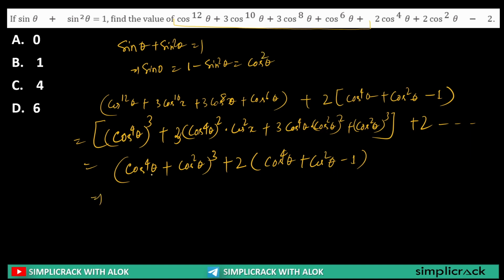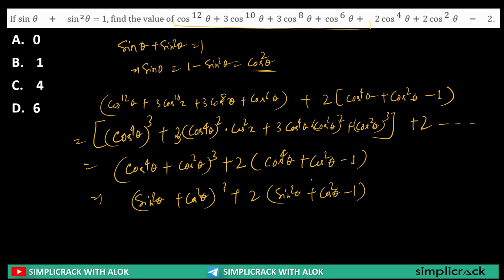We know 1 minus sine square theta is cos square theta, so cos 4 theta will be sine square theta plus cos square theta cube plus 2 into cos 4 theta will be sine square theta plus cos square theta minus 1. Sine square theta plus cos square theta is equal to 1. 1 minus 1 is equal to 0. So this whole thing will be 0.